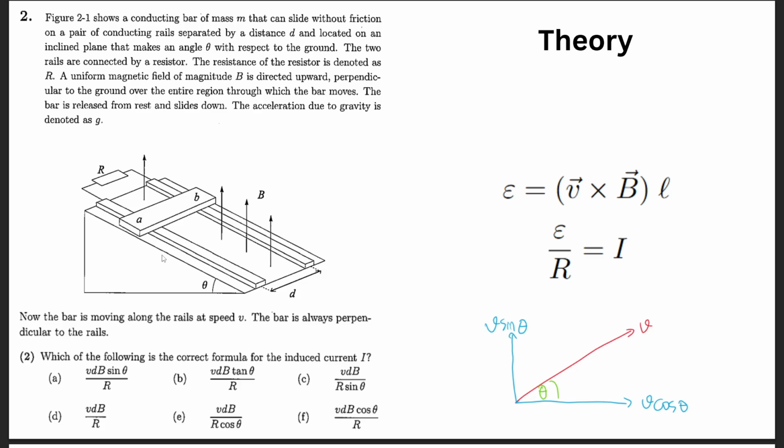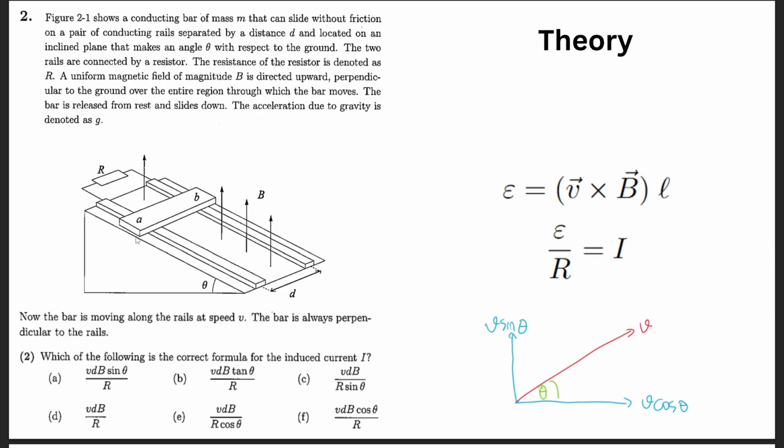So what you have to know is that when a conducting bar moves along conducting rails, when there is also a magnetic field, it induces a current or voltage in this electric circuit.